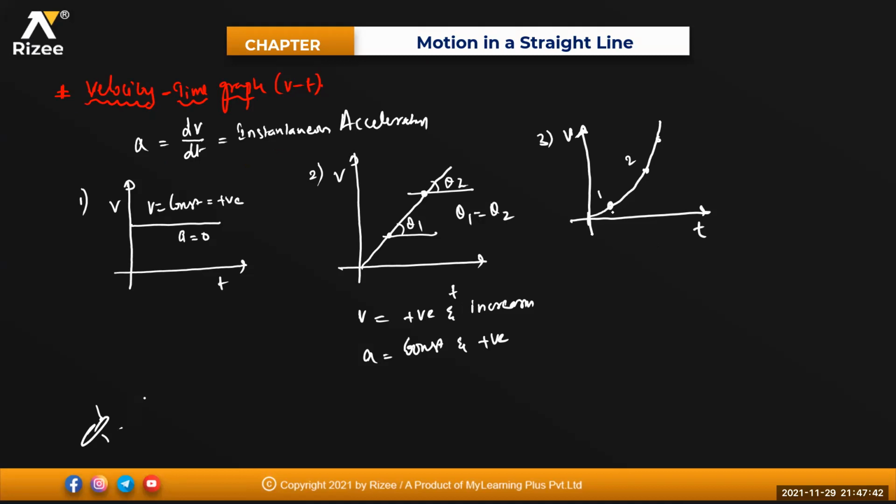If I'm drawing a tangent here and a tangent here, what is happening to theta, beta? This is theta 1 and this one is theta 2. Obviously theta 2 is greater than theta 1. So acceleration at 2 will be greater than acceleration at 1. So acceleration is what for me? Positive, and it is also increasing. Slope is increasing. Velocity is also right now positive and it is increasing. Clear?